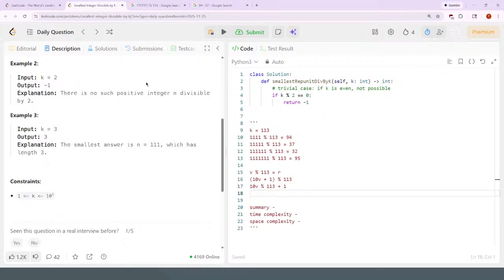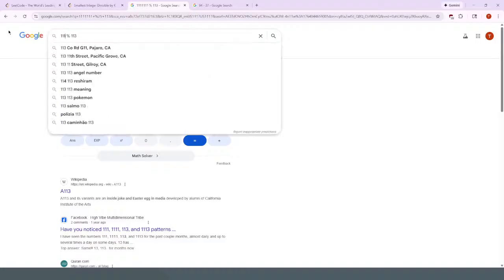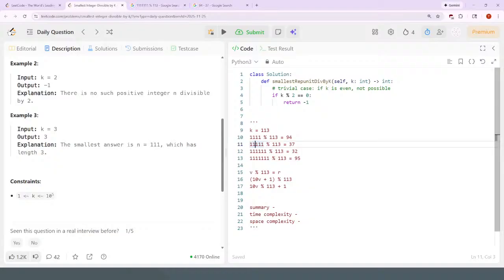So is that correct? Is 1110 mod 113 equal to 36? 4 ones, I think it's 4 ones, right?